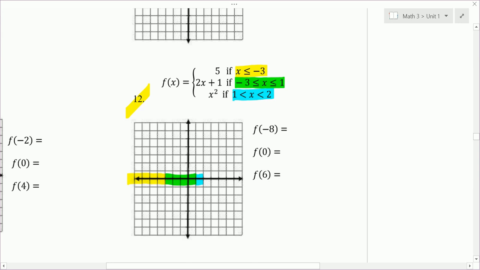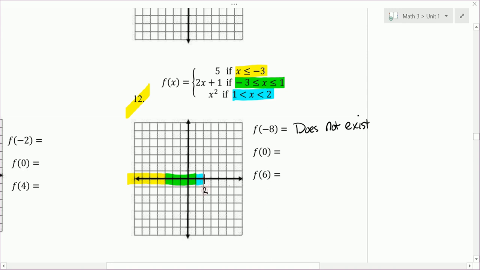F of negative 8. And this might help us out with a little bit of the graphing. So I'm just going to go ahead and evaluate first. F of negative 8, actually 8 is not, 8's way outside of this, so this does not exist. Because our domain stops at 2.